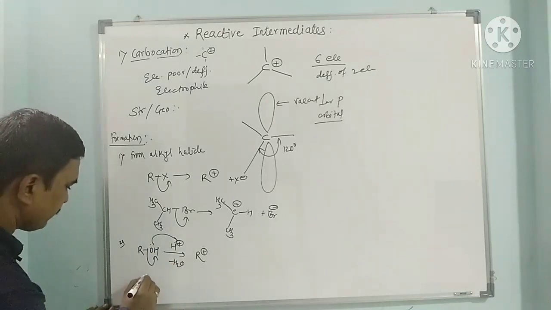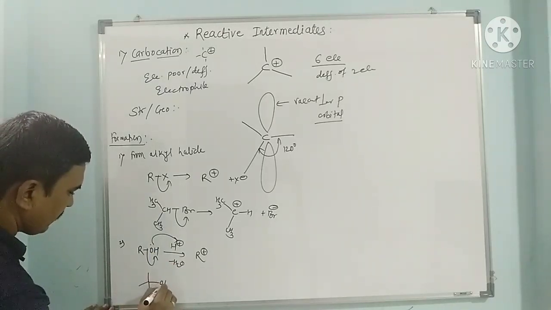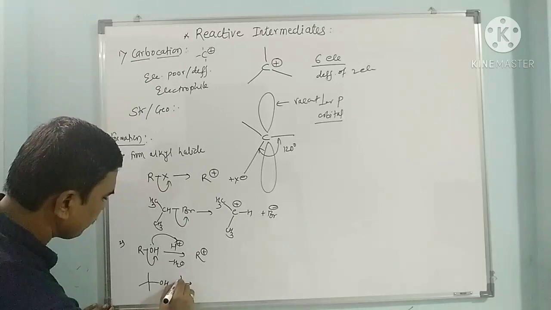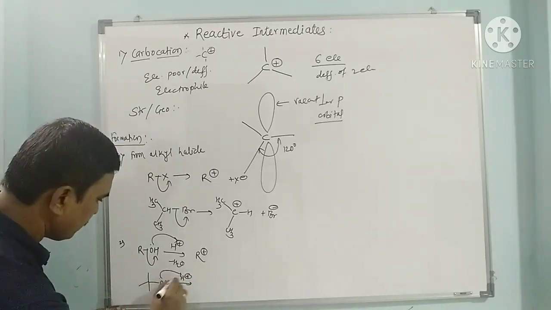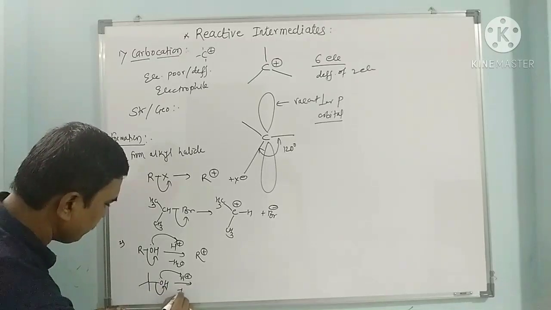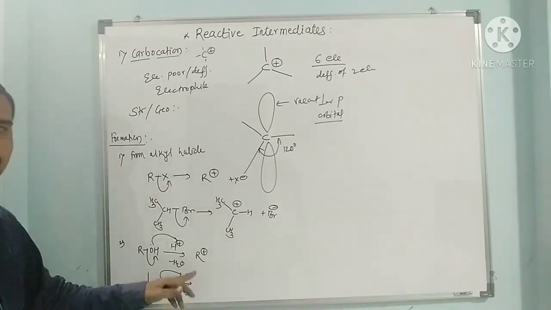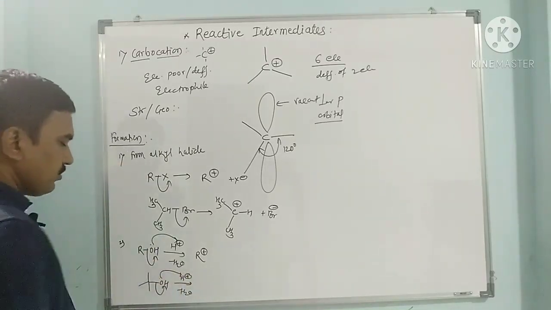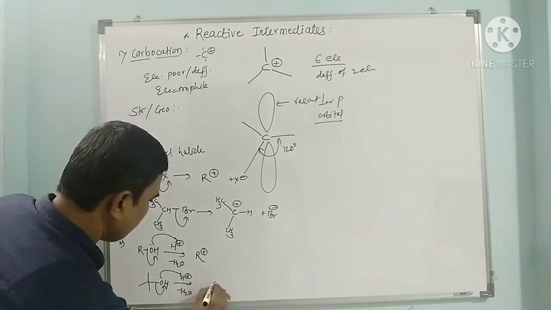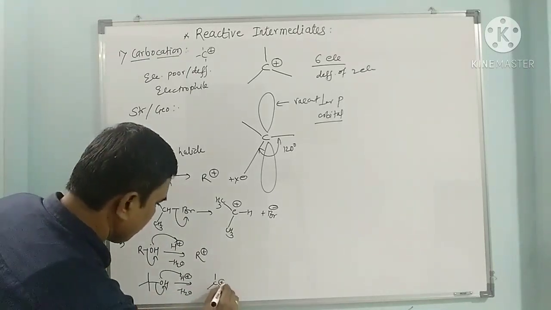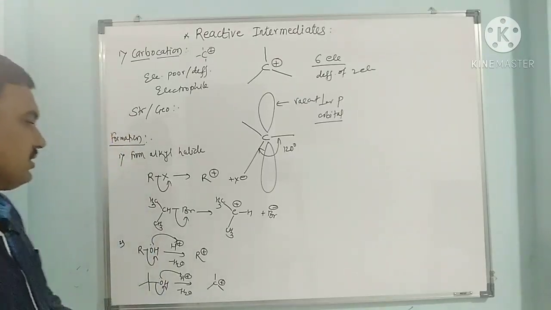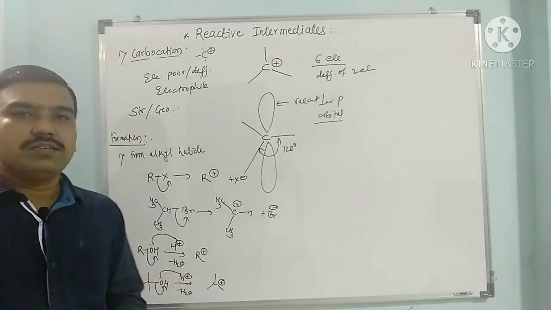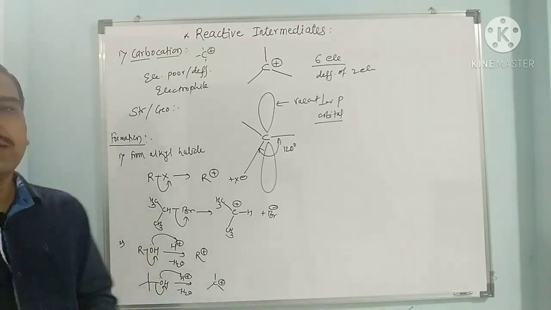When we have tertiary butanol, it undergoes protonation, takes a proton, followed by dehydration. In the first step protonation takes place, in the second step a water molecule is lost. So we get this tertiary carbocation. In this way, carbocation is generated during the dissociation of alkyl halides or from alcohol.